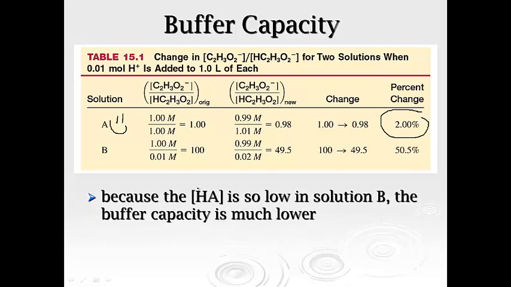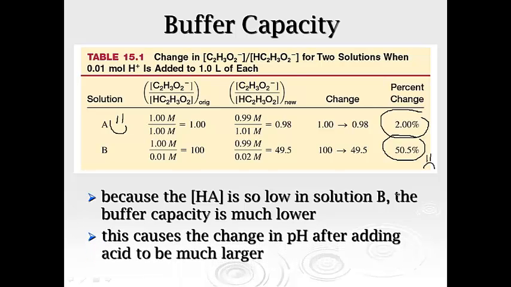And when they're not equal, the buffer capacity is much lower, meaning that by adding the same amount, the pH changes by over 50%. That's just a big shift. This again causes the change in pH after adding acid to be much larger. So we want them to be equal, and we want them to be in high concentrations.